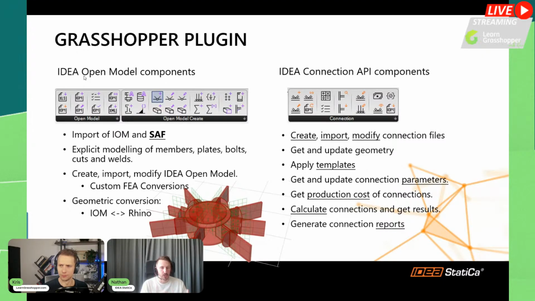Then that component simply won't work, whereas the other components will work because they don't rely on the application or a license for it. But you can see all the components when you install the plugin.